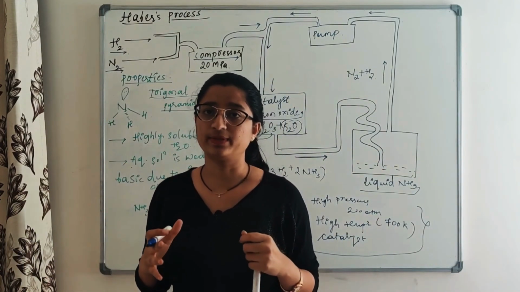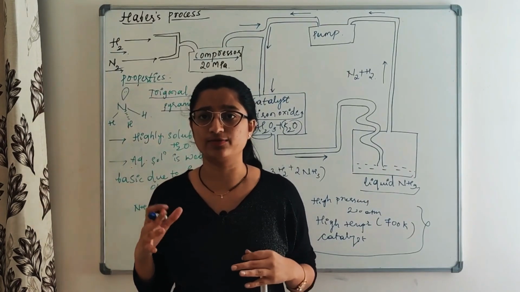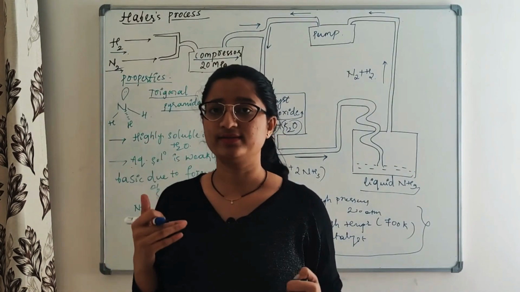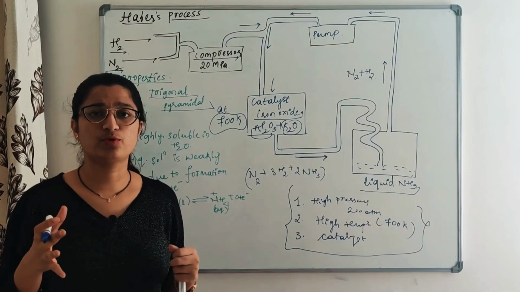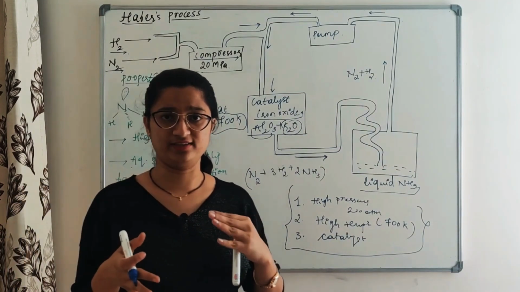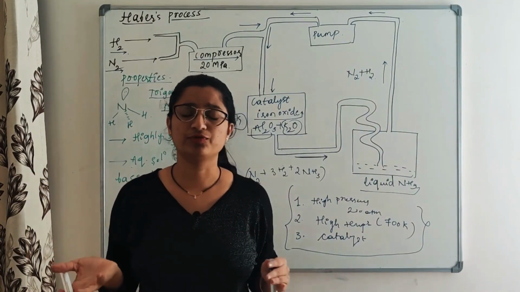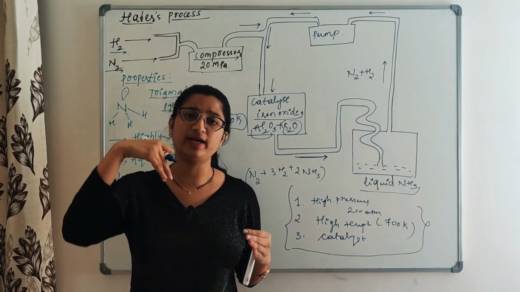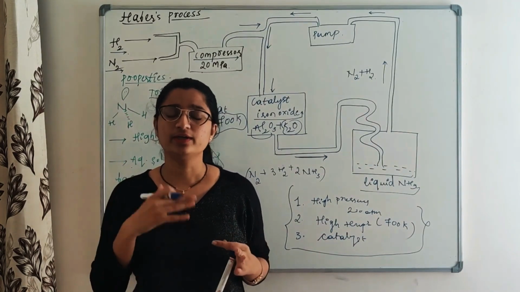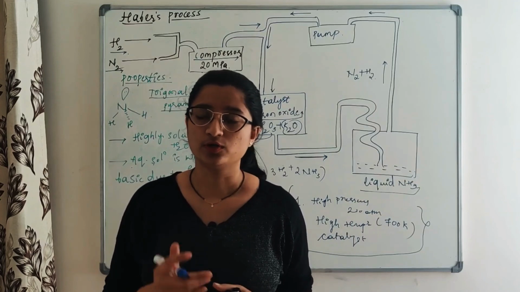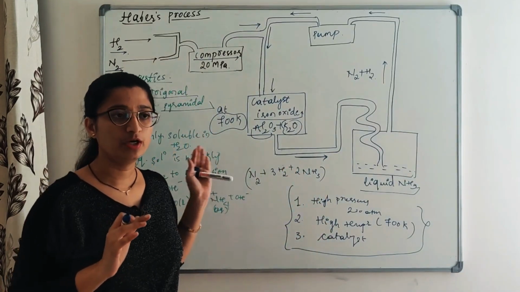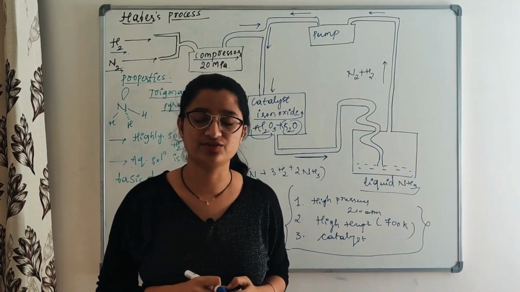As a result, the boiling and melting points will be very high. Why is this? Because of this hydrogen bonding, we require more energy to break that bond. More energy in the sense that we have to supply high temperature. That is why it shows a high boiling point. So these are the basic properties of NH3. Okay.